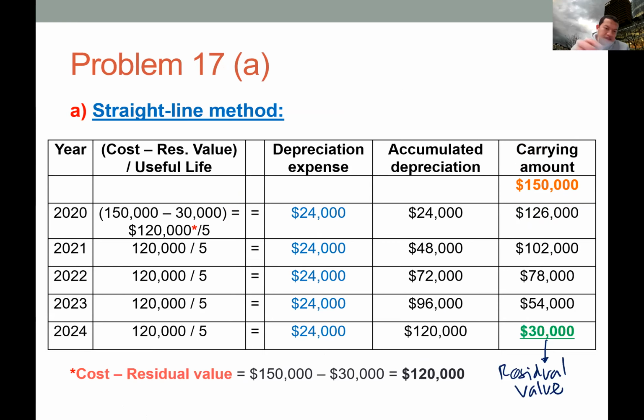Basically, we just calculate the depreciable value divided by the economic life, and then we get the fixed or constant depreciation expense from the beginning of the economic life up to the end. But you have to check that at the end of the economic life, the book value should be equal to the residual value.